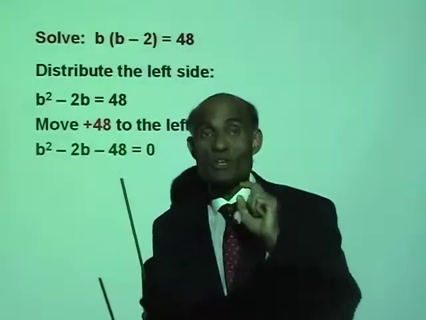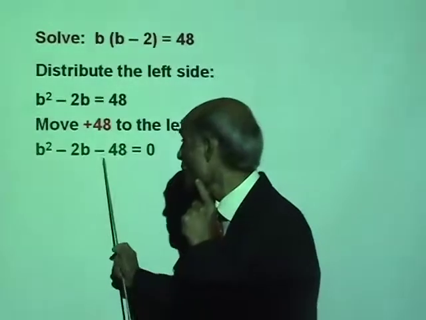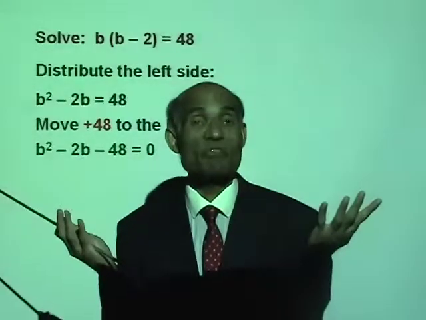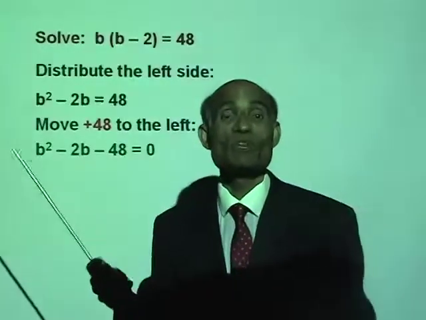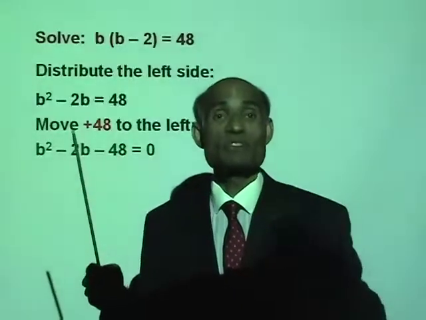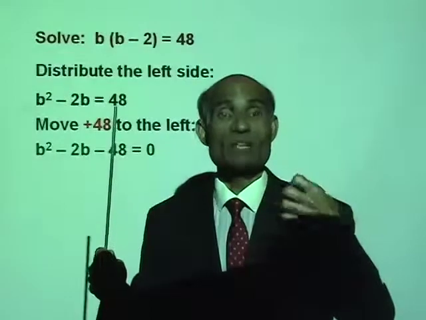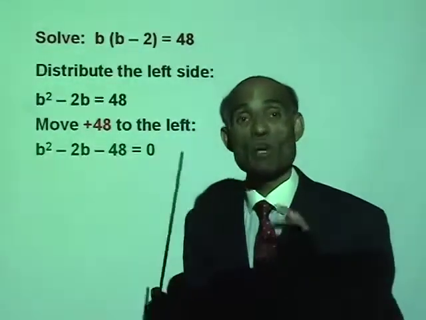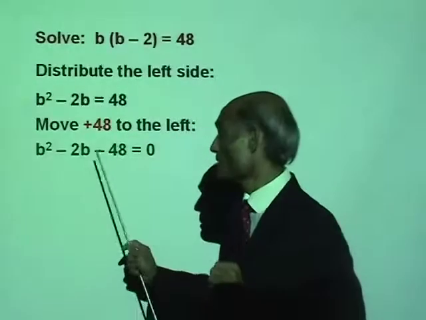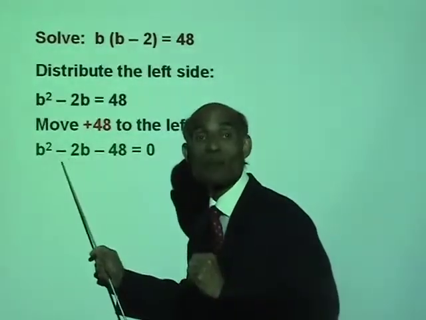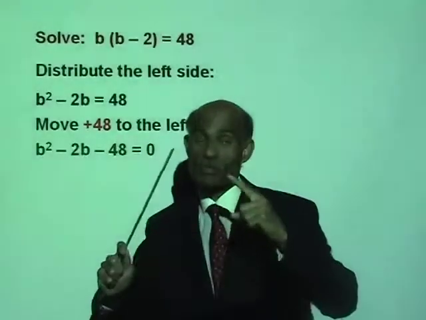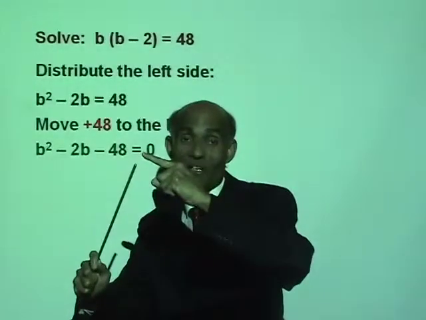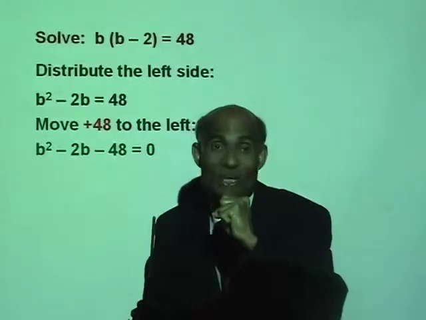So the question you got to ask when you want to factor negative 48. 48 can be factored in many ways. 24 times 2, 12 times 4, is that right? 8 times 6. There are many ways to do that. Now, what is the clue here? The clue is the middle term. If you remember, when you multiply and add, you must get the middle term.